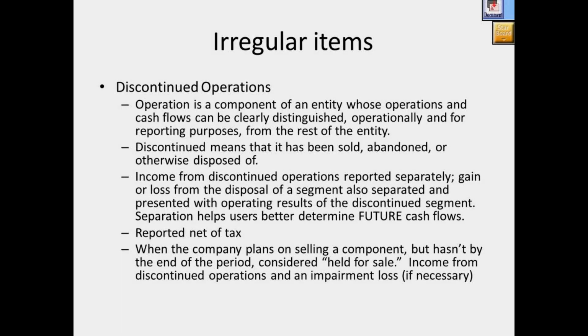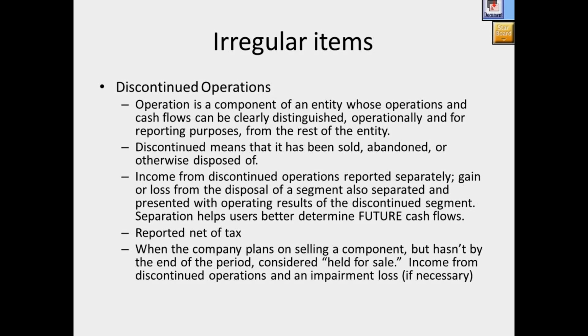And the benefit is twofold. One is this stuff is unaffected by the discontinued item, so if I want to use it as a basis for forecasting, it makes some sense. And also, I have a better sense down here of whether it was a good idea to get rid of it or not. So I can clarify those two things.